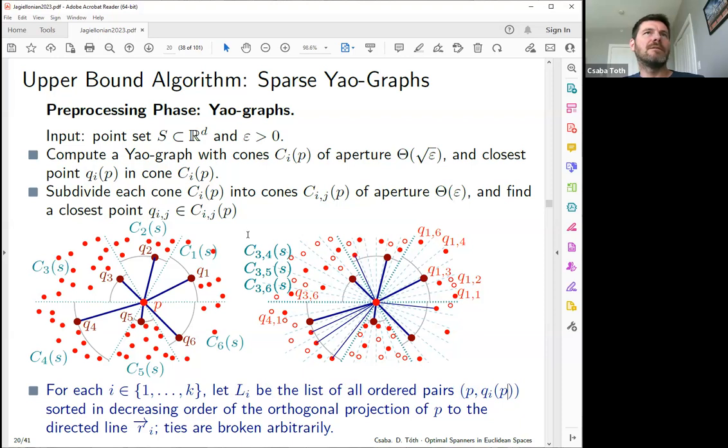The idea is the same. So this step only matters later for nearby points.